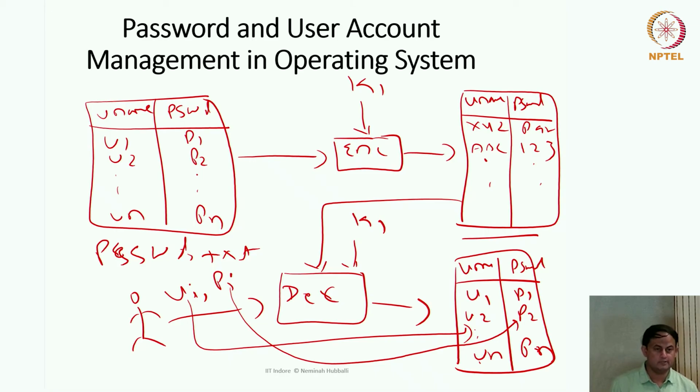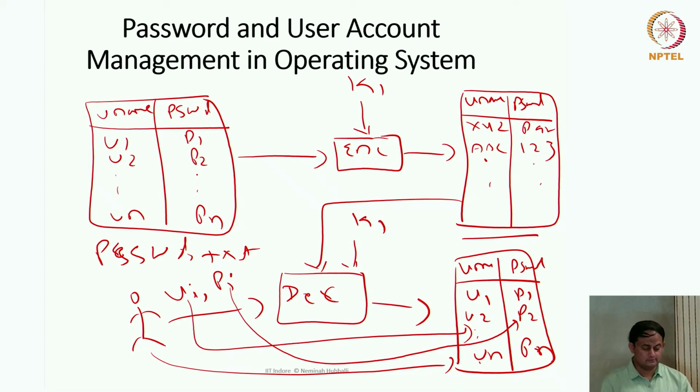This seems to be a workable solution, but the problem is, once the file is decrypted, this user who has logged in, if he is able to successfully log in, probably can read this file in the unencrypted format. So once it is in the decrypted format, all the usernames and passwords are still in plain text format.